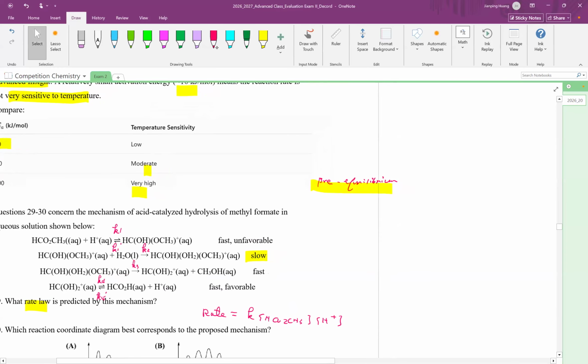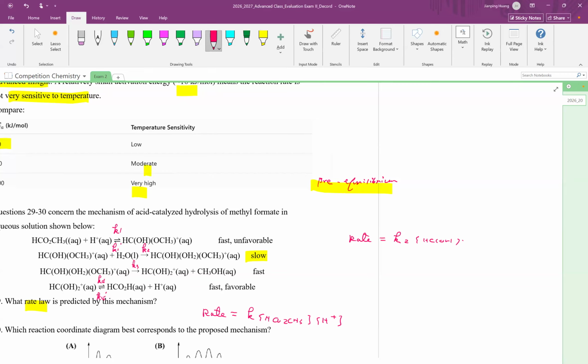Now we write the rate law, okay? So the rate equals K2, where is the slowest one? It's this one. Okay, I got it.